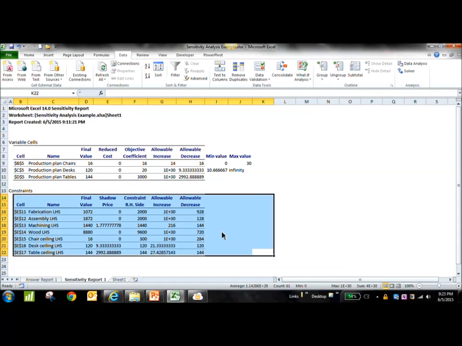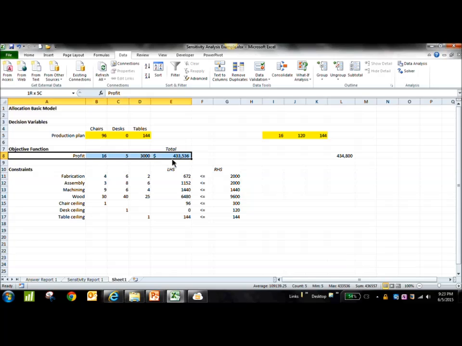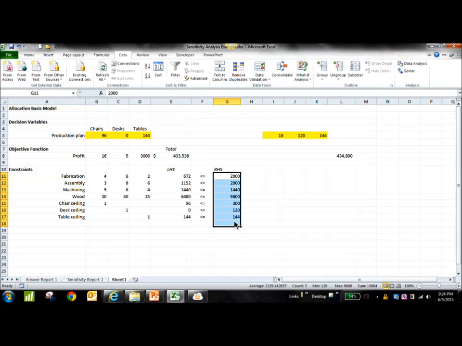In this part, what we have is what we call the shadow price. And what is a shadow price? Now we're looking at the constraint section, remember. We're not looking at the coefficients of the objective function, but instead at the constraints section, and these are the values we'll be changing to see the impact on this and this.